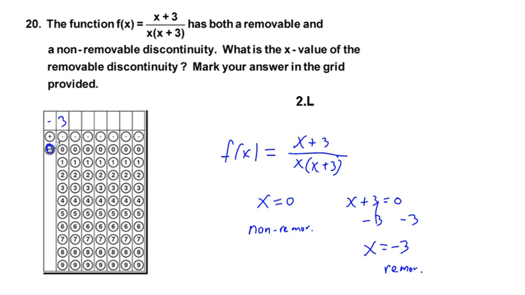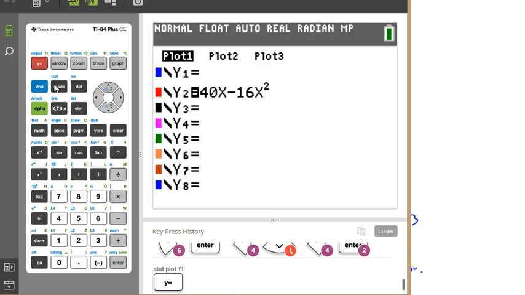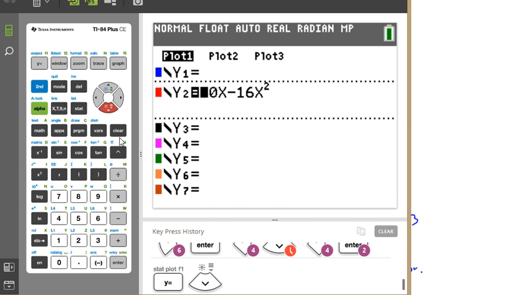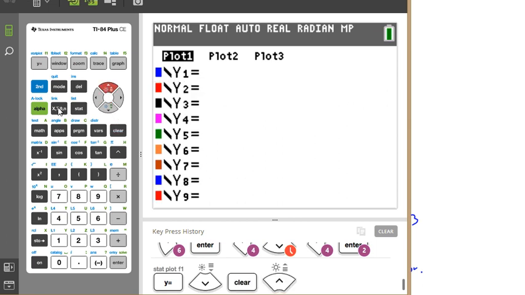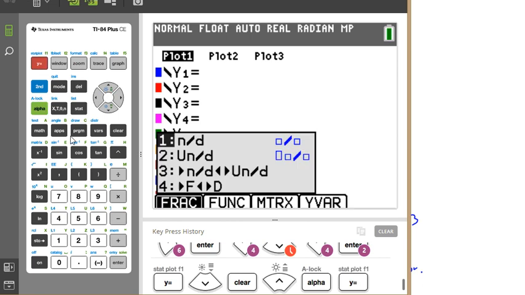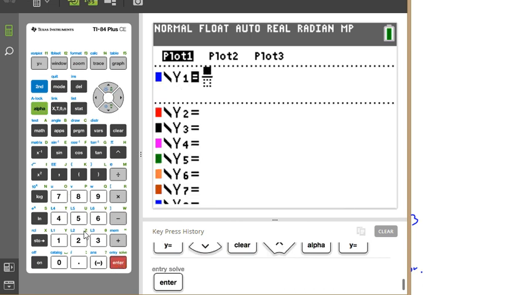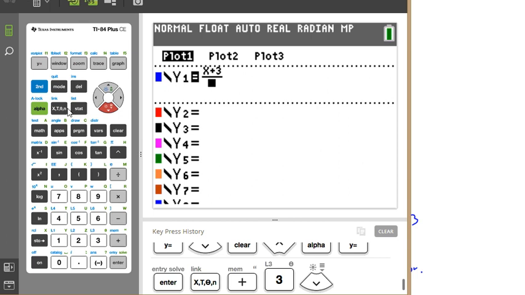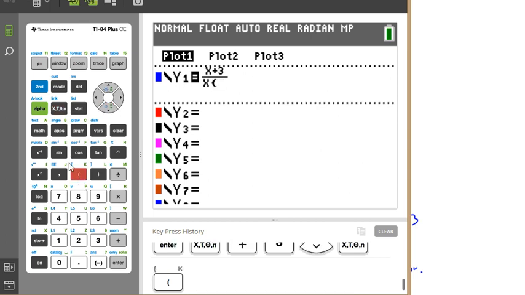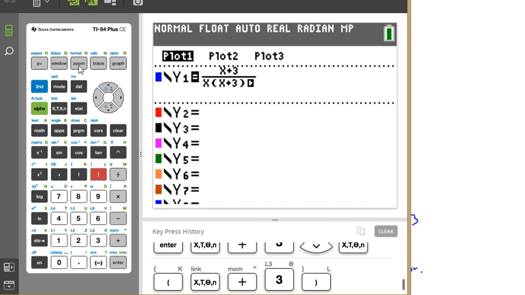And the last thing I'm going to do, and that's our last problem, is graph this to show you what that looks like. So we go to the calculator. And that's one of these that if you didn't get this right, your analysis wasn't good, and you maybe didn't take the trouble to graph the thing. So we go ahead and put x plus 3 in the numerator, and in the denominator we put x times the quantity x plus 3, close parentheses, and we get a standard window, zoom 6.